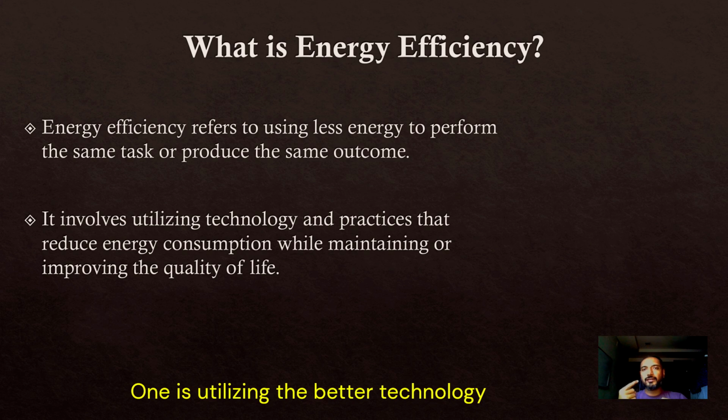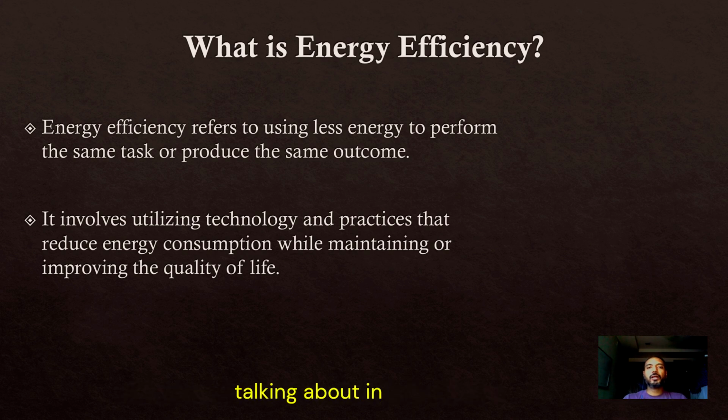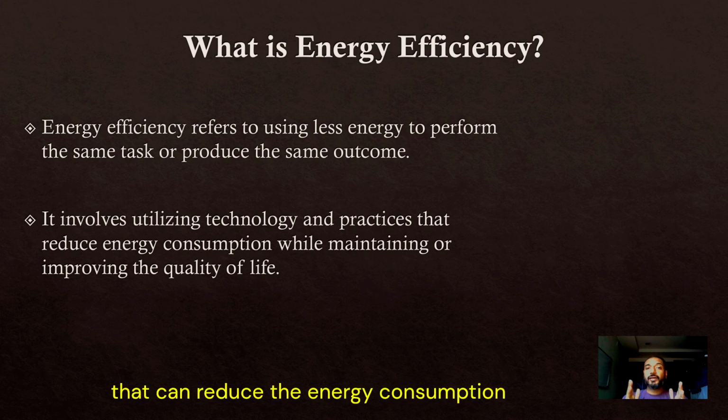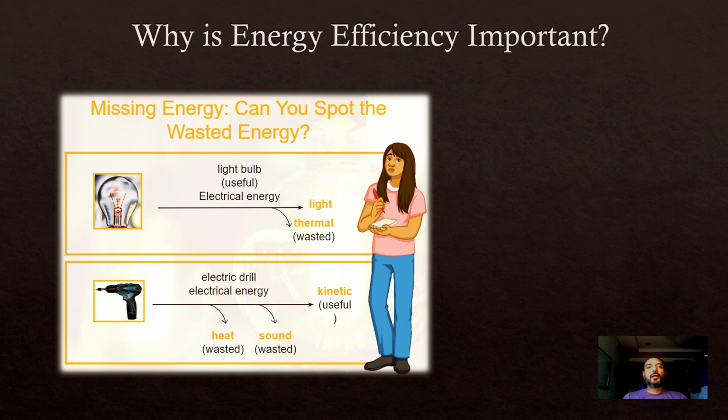One is utilizing the better technology and the good practices, which we will be talking about in this video right now, that can reduce the energy consumption while maintaining or improving the quality of life. Okay, so I hope now you are clear what is energy efficiency and what exactly it means, right?